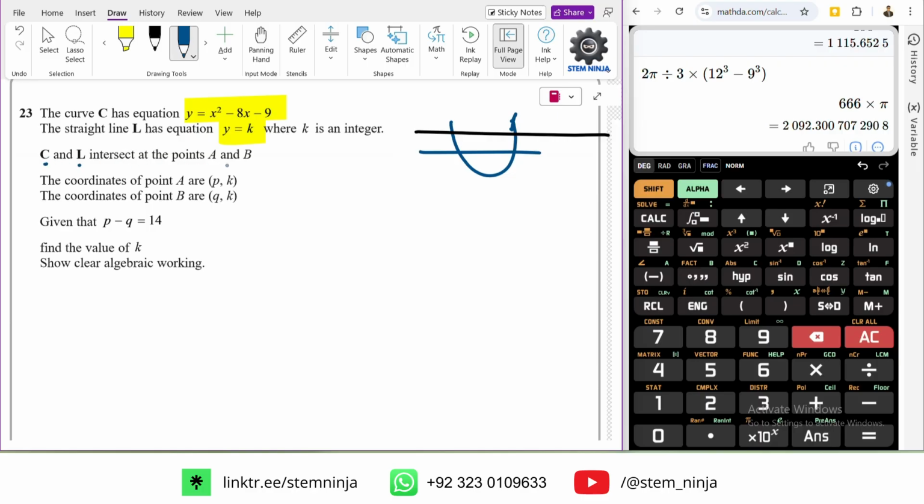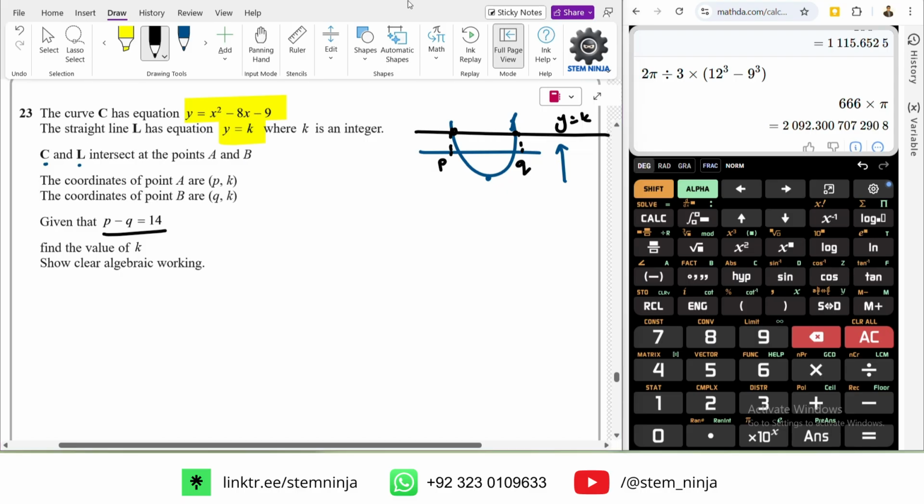C and L intersect at points A and B. So that means k is at least above this. The coordinates of point A are, this is p, and this is q. So this is your y equals k. Given that p minus q is 14, find the value of k.